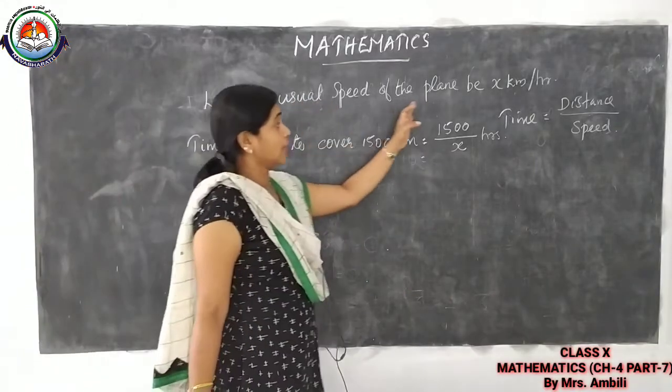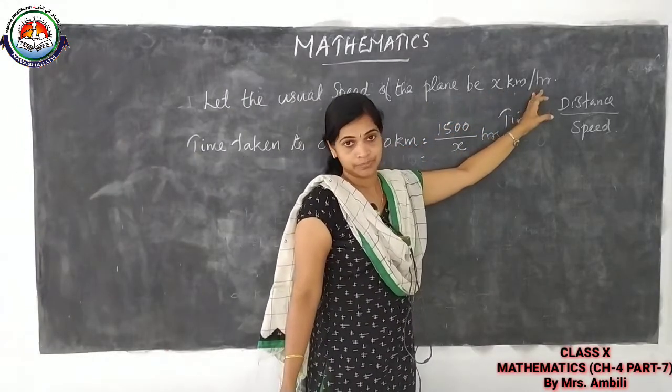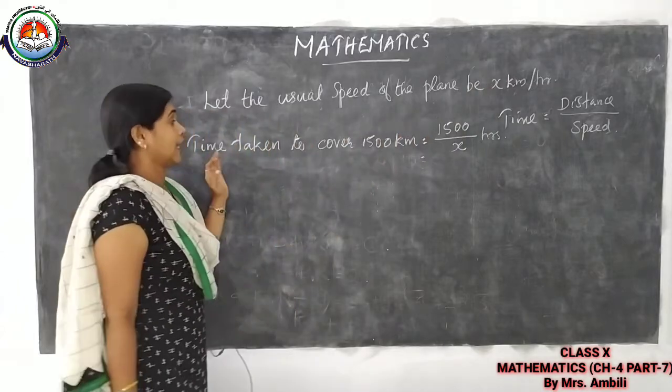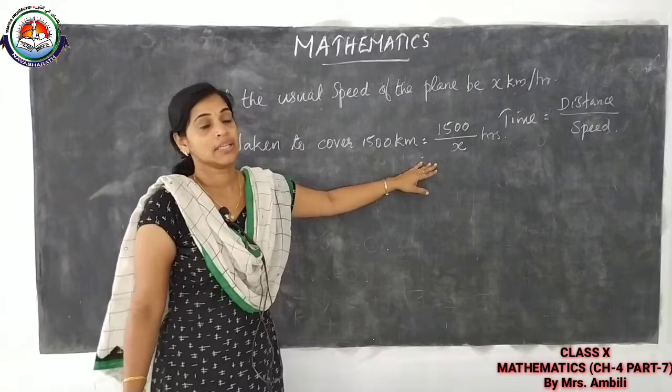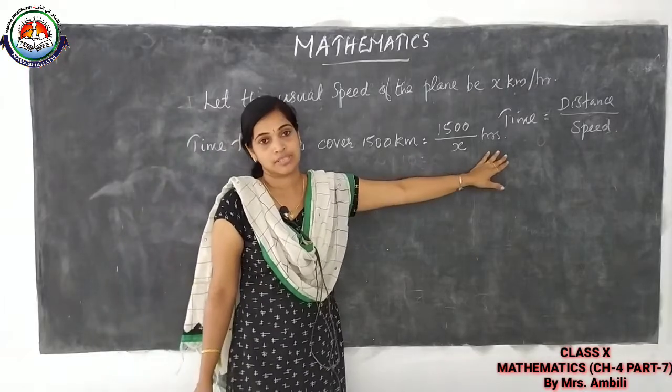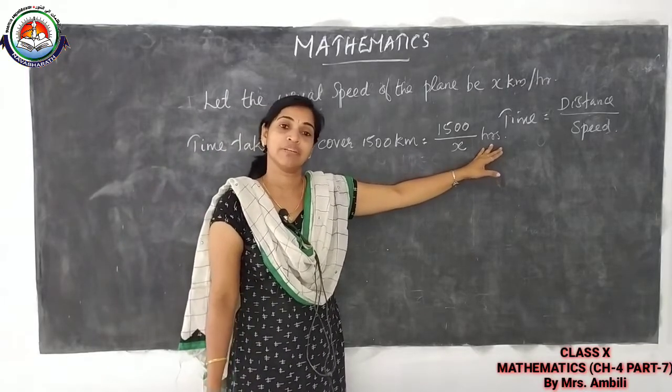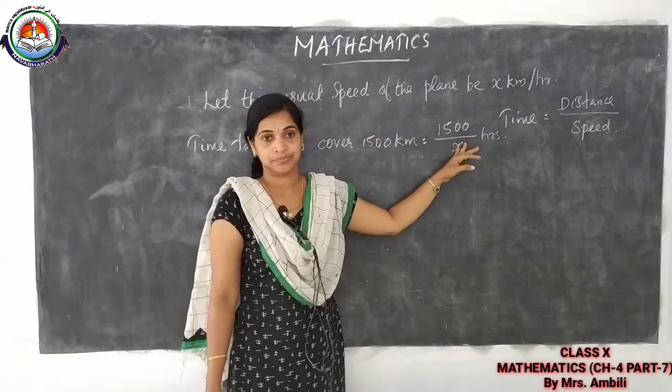Let the usual speed of the train be x km per hour. So, the usual time taken to cover 1500 km equals 1500 by x hours. That is the usual time taken to cover this distance.